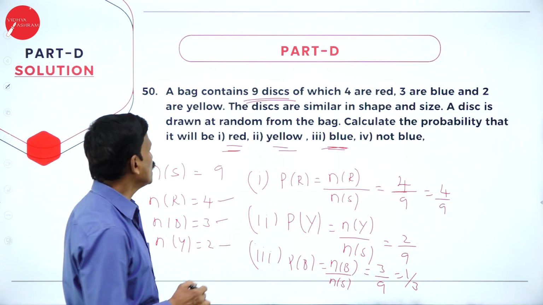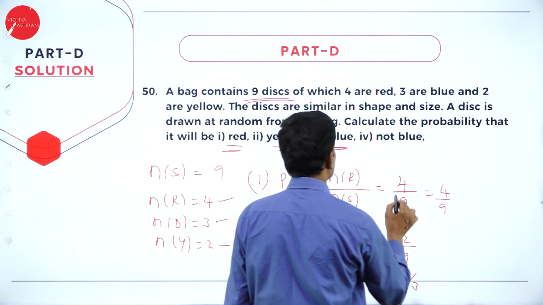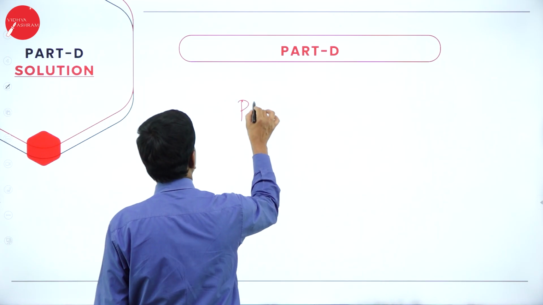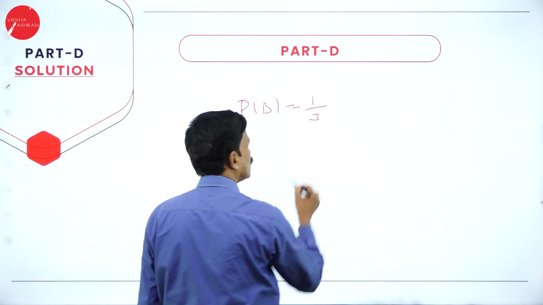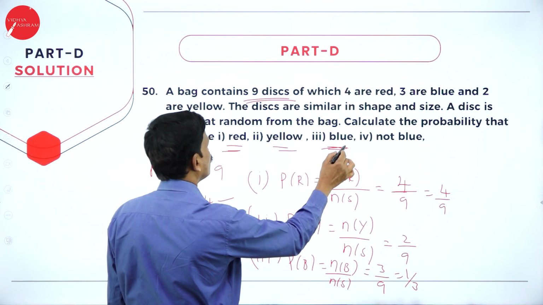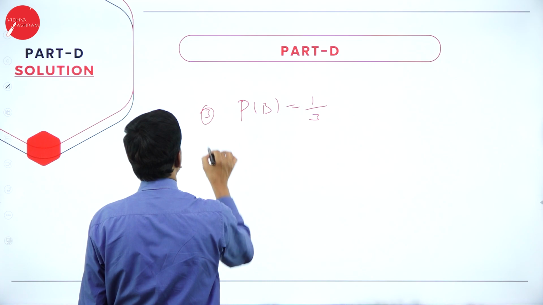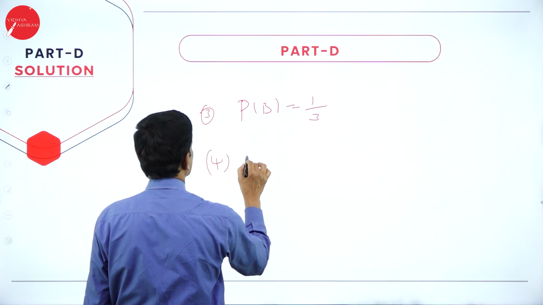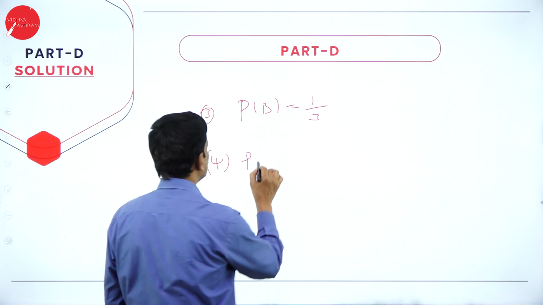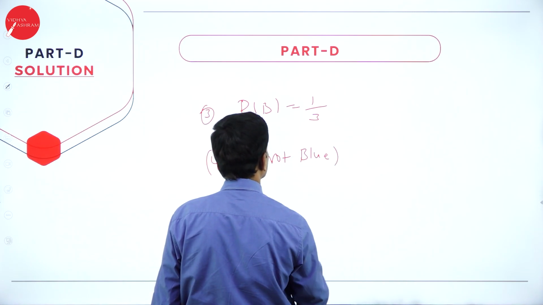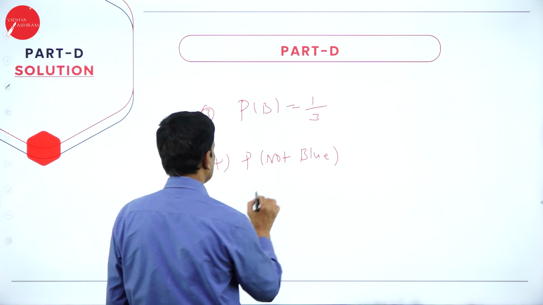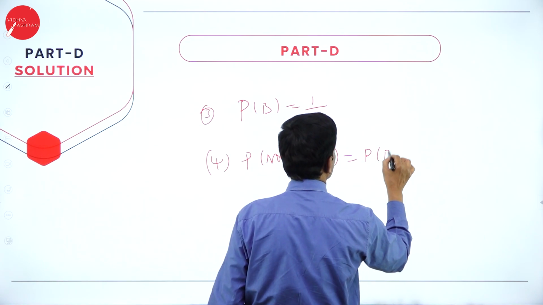Right. Now, what is the probability of not blue? The probability of blue is 1 by 3. This is the fourth one, the probability of not blue, that is P of B dash.